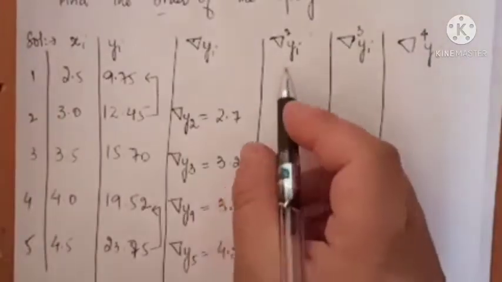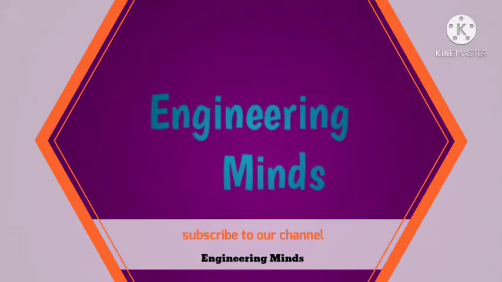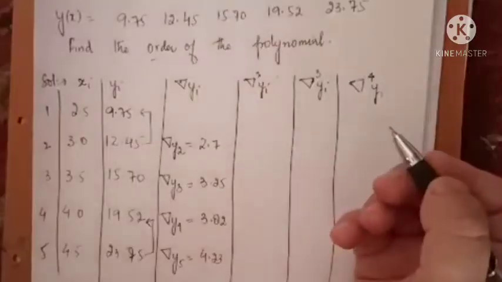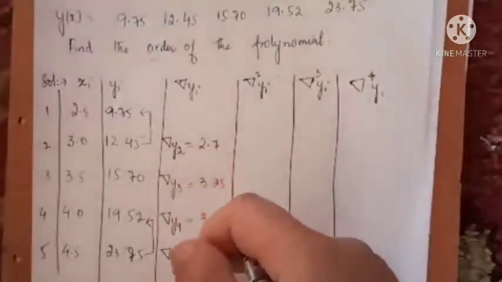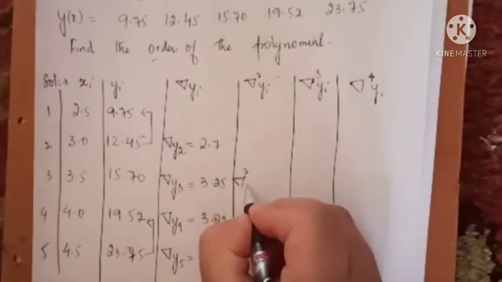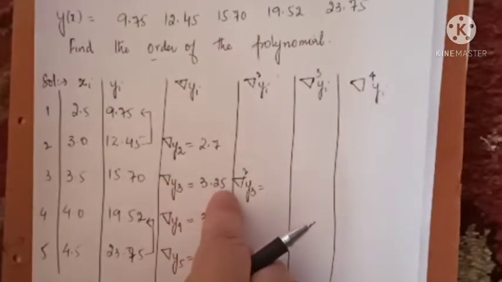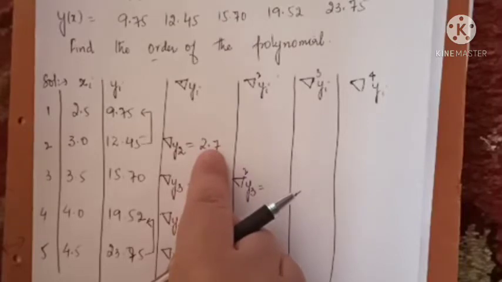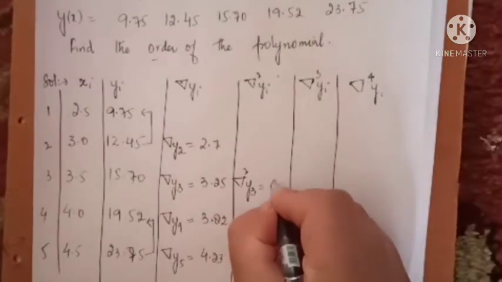So now we have to go with the second order forward differences. That is basically the differences of the first order forward differences. So over here delta square y3 will be the difference 3.25 minus 2.7, so the value will be equal to 0.55.